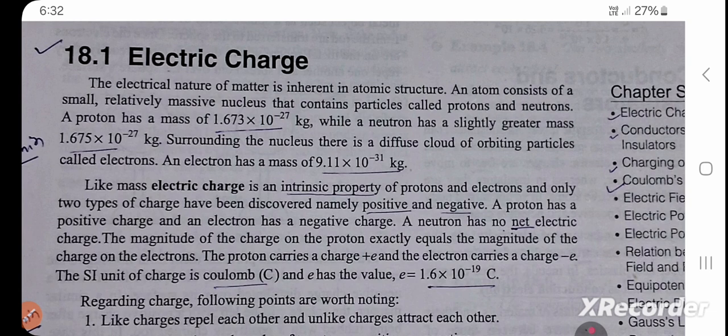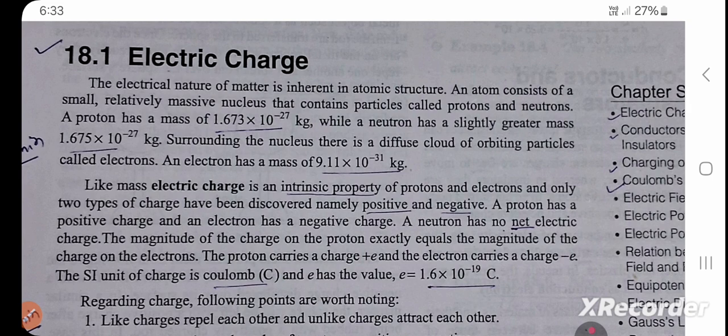In this first paragraph, the writer talks about the mass of the proton, the electron, and the neutron, and the structure of the atom: how an atom consists of a central nucleus surrounded by an electron cloud, and the central nucleus consists of protons and neutrons.